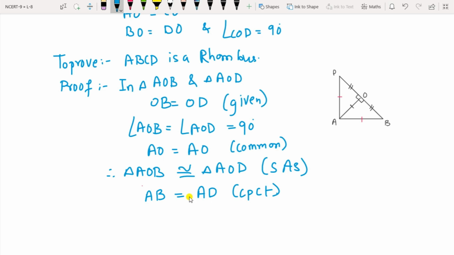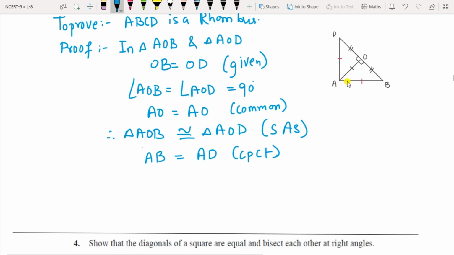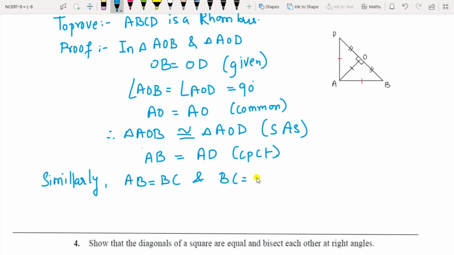Now we have proved that two of the adjacent sides are equal. Now similarly, by taking the next adjacent triangle, we can prove the other sides of this quadrilateral are equal. So we will write here similarly. There is no need to prove, just write similarly. AB will be equal to BC and BC is equal to CD.